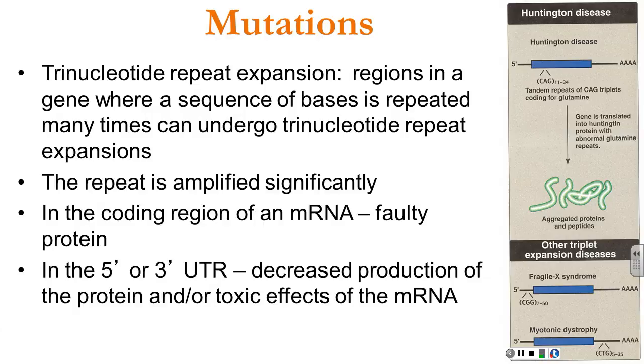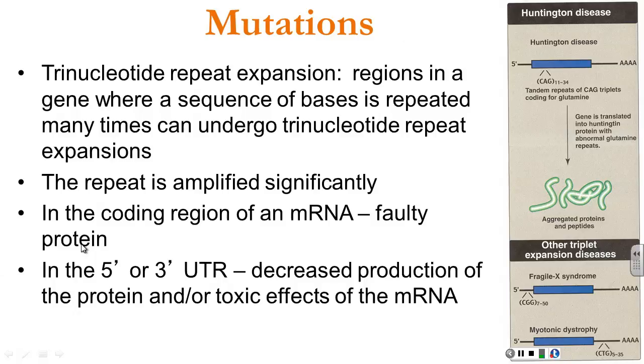Well, we're still working on figuring that out. Somehow that repeated region messes with the polymerases and causes them to slip or something like that, and they expand that region. And you'll notice, and we'll talk about this later in more detail, that as it gets passed down from generation to generation, it tends to get bigger and bigger and bigger. So that repeat gets expanded even more.